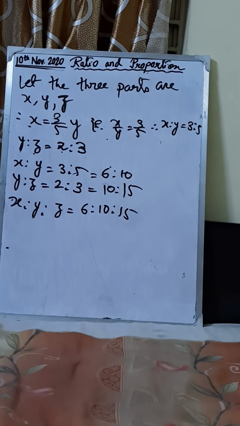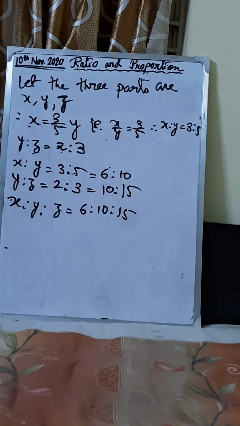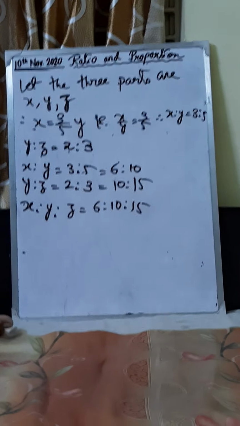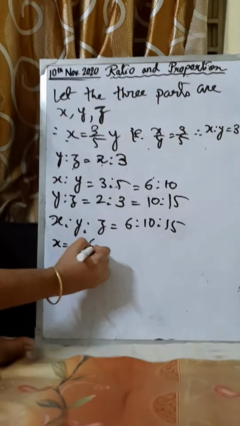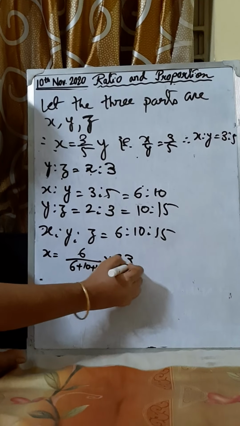Now, the ratios are given. Now you know how you have to divide 93 in this ratio form. You know that X equals 6 divided by 6 plus 10 plus 15 into 93.